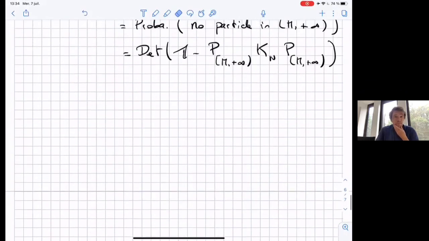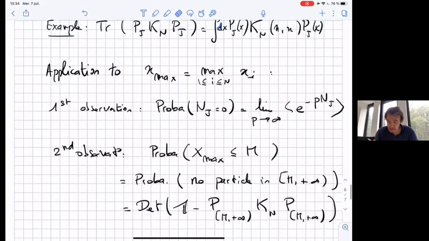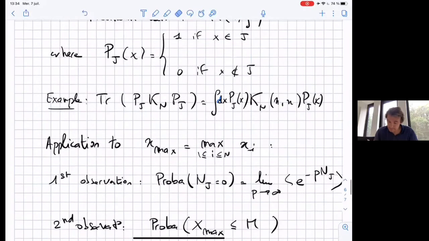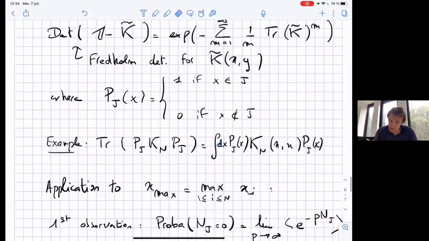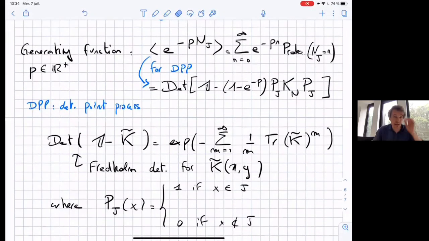Okay? So Gregory, did you say that even the many interval distributions are also contained in a similar determinant form? Absolutely. Yes. It's basically exactly the same formula.